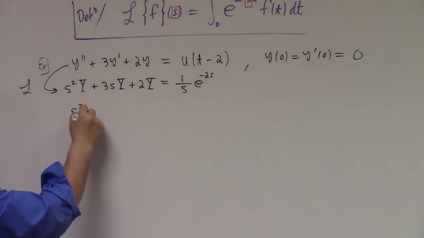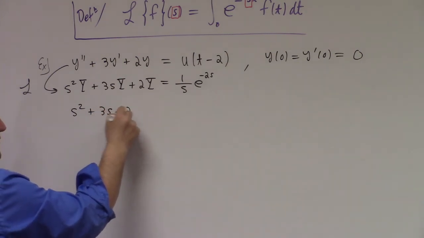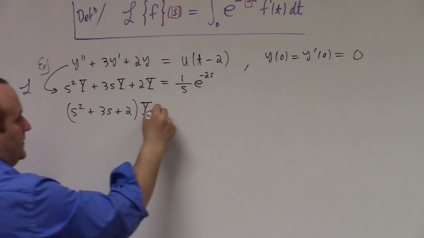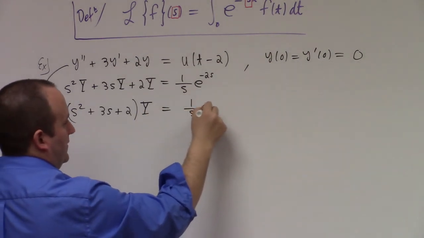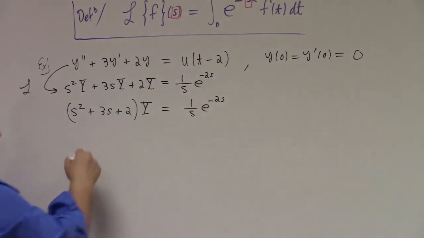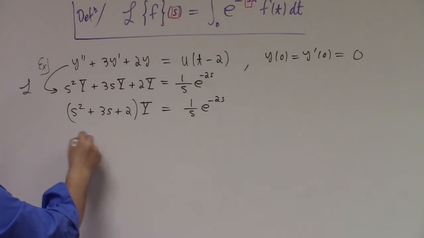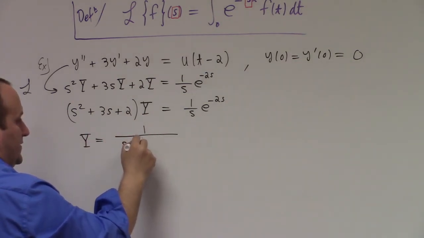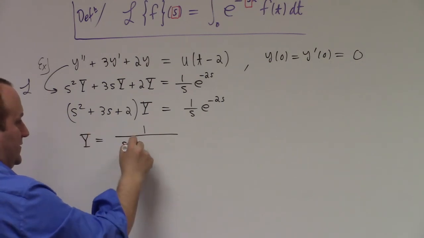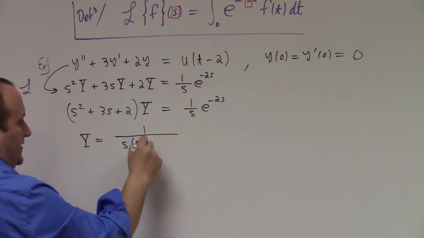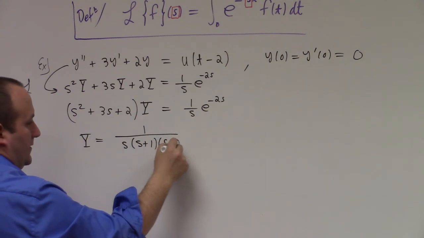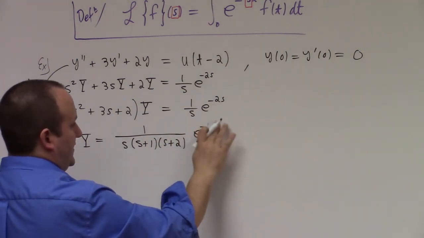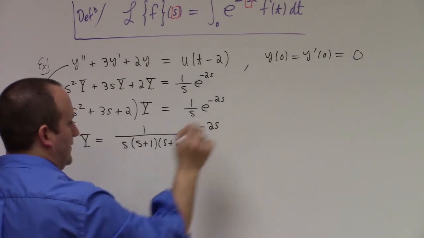So s squared plus 3s plus 2 times big Y equals 1 over s e to the minus 2s. Now I need to solve for big Y. Big Y equals 1 over s times, well, what is this really? It's really s plus 1 times s plus 2, right? I'm just making that observation for my next step's convenience.